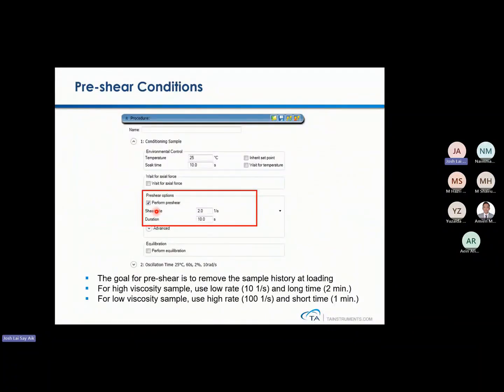So how do we perform pre-shear? You can use the conditioning step. You can define the shear rate for pre-shear as well as the duration for the shearing to take place before the measurement takes place. This is to remove all the shear history due to loading.